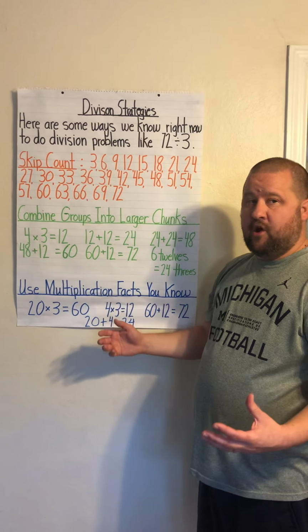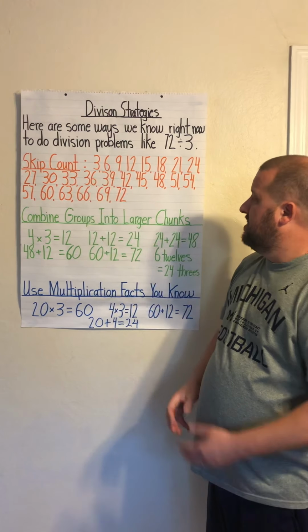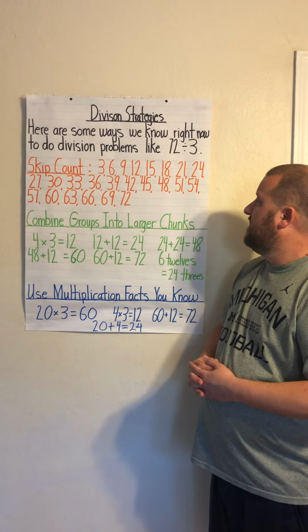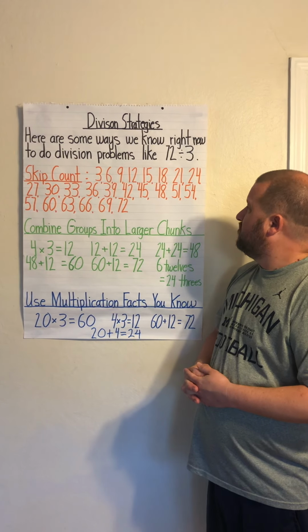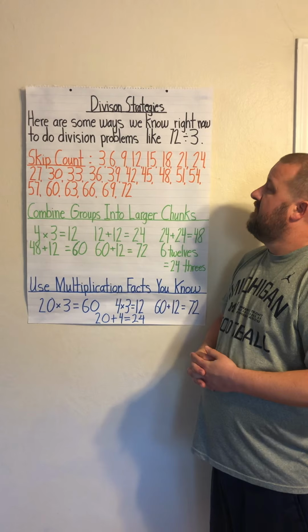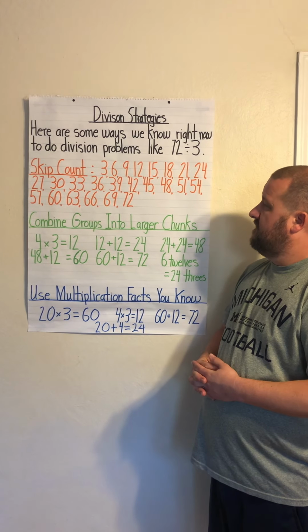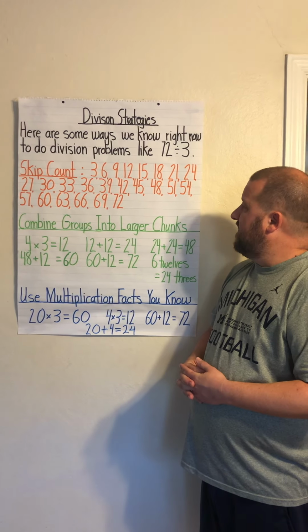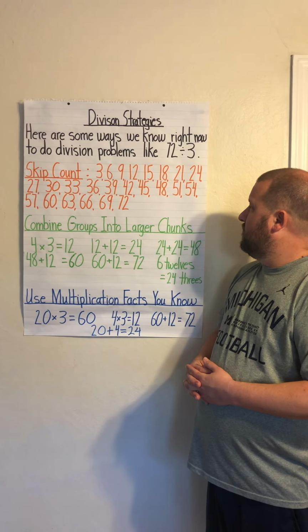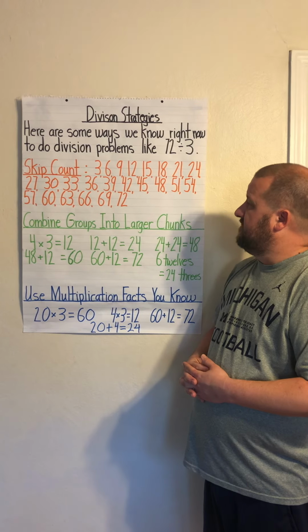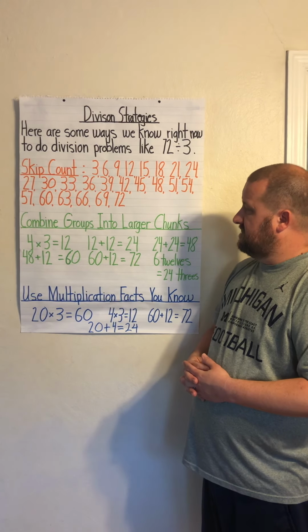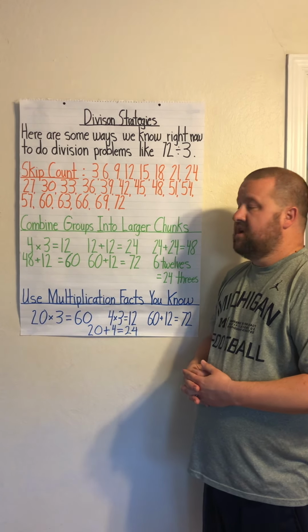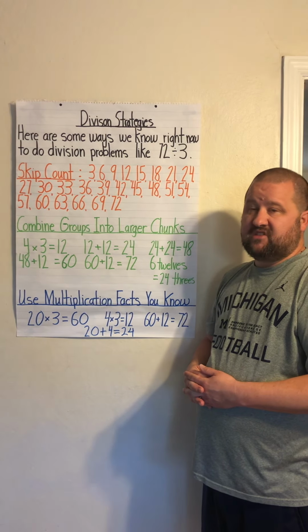I would like you to count with me, please. 3, 6, 9, 12, 15, 18, 21, 24, 27, 30, 33, 36, 39, 42, 45, 48, 51, 54, 57, 60, 63, 66, 69, 72.